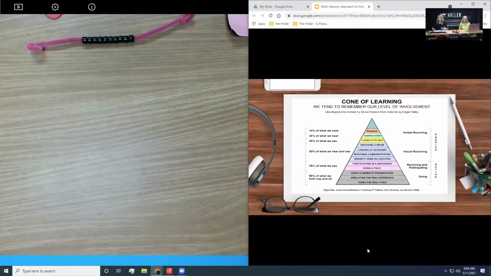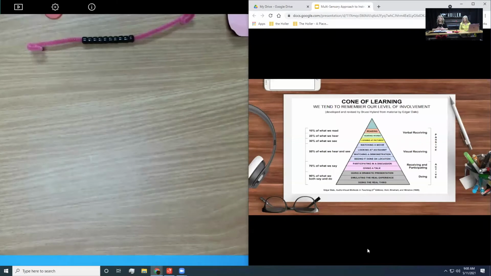The activities we're going to look at today, Vonda and I, literacy and math are really complete opposites as far as concepts. But as we talk through these tools and the multisensory piece behind it, we're participating in a discussion with each other, and we remember more of the activities that we're doing.